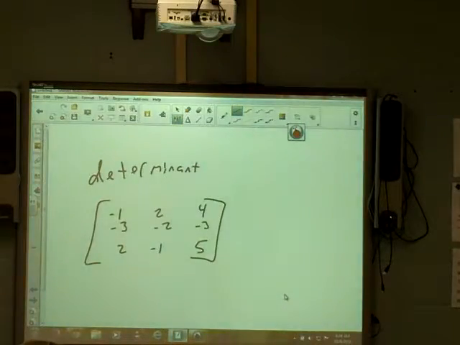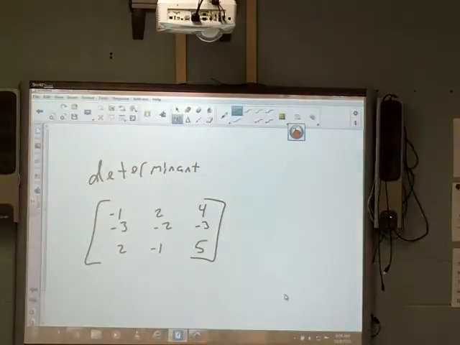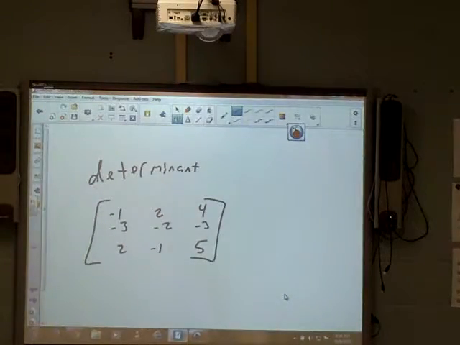And I'm asked to find the determinant. Okay, I was just playing with it on my calculator to make sure I was going to tell you the right thing before I told you. Alright, we're going to find the determinant of that.